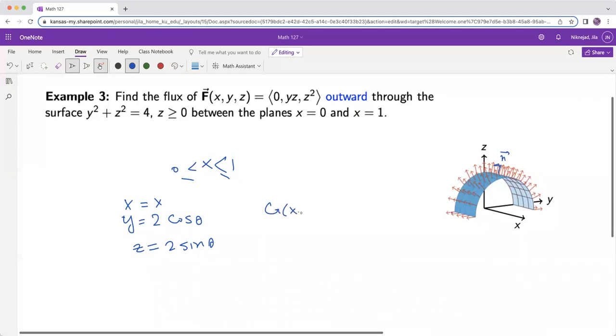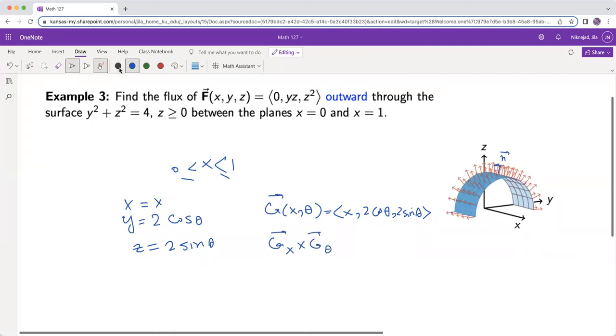So g of x and theta ends up being (x, 2 cosine theta, 2 sine theta). Now I could basically find g sub x and g sub theta and multiply them together.